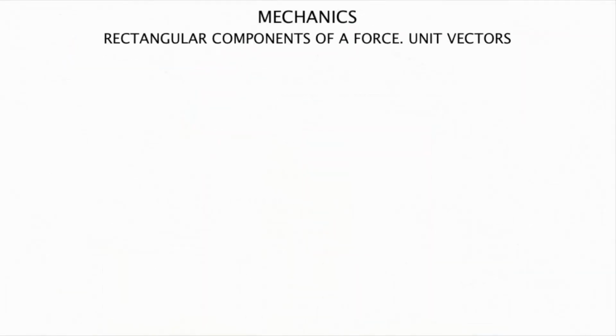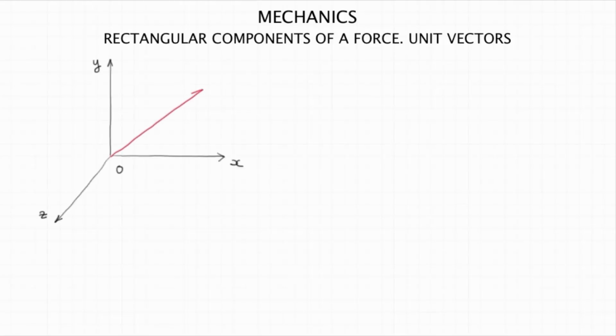Hello again and welcome to a new lecture in which we're going to discuss rectangular components of a force and unit vectors. We're going to move now into three-dimensional space, and let's consider a force acting in 3 dimensions, F. What we can do with this force is resolve it into its orthogonal components.